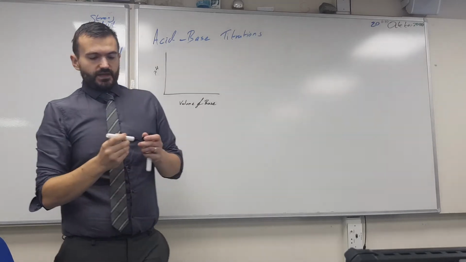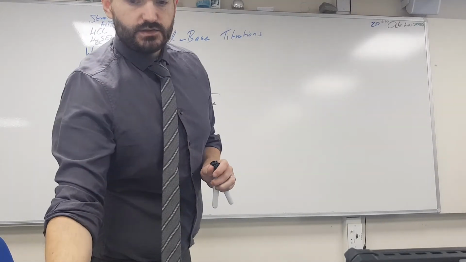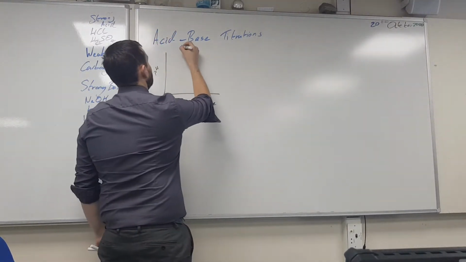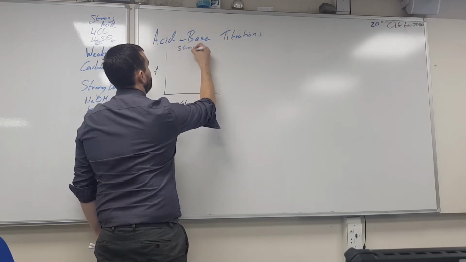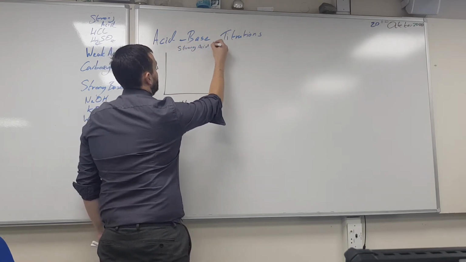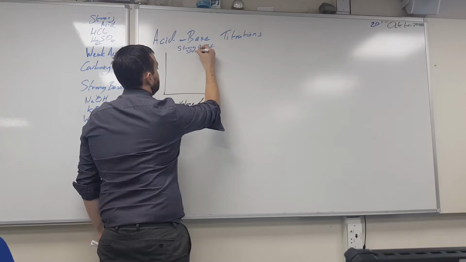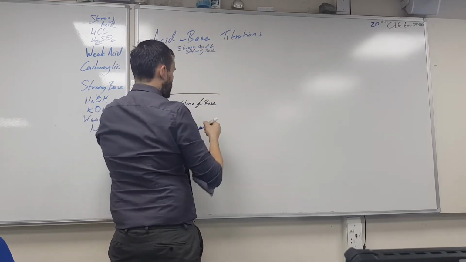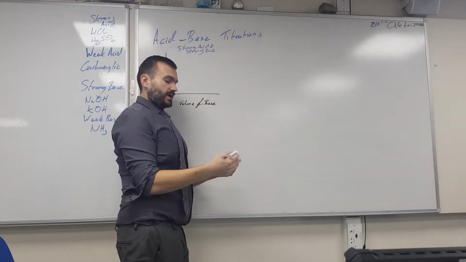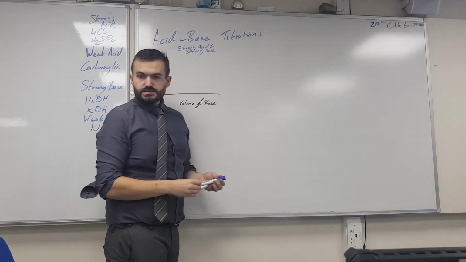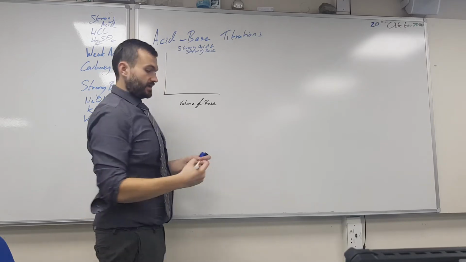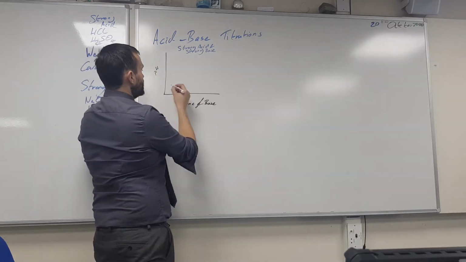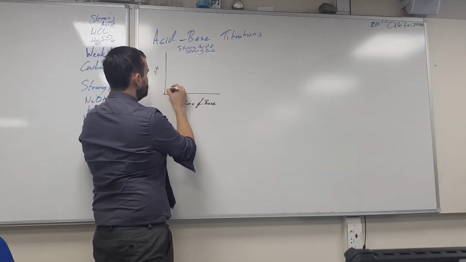So we're going to go through strong acid and strong base. That's our first graph that we're going to look at. If you were to start with your strong acid, because it's a strong acid, we're going to start around here.